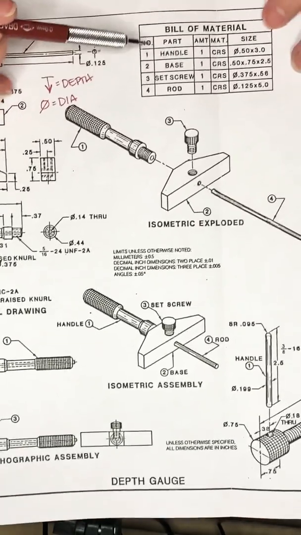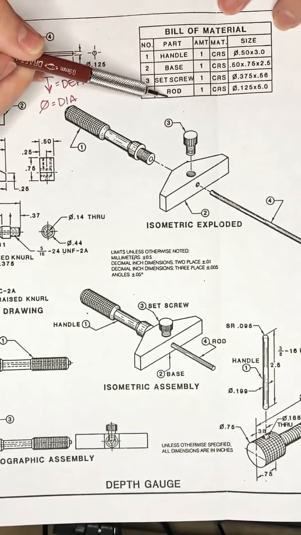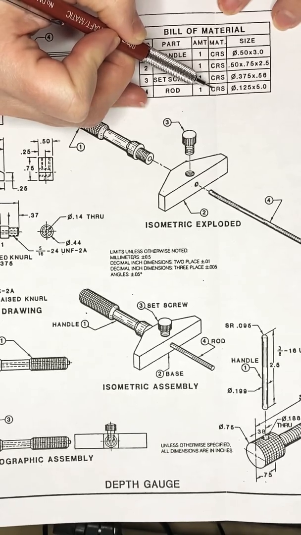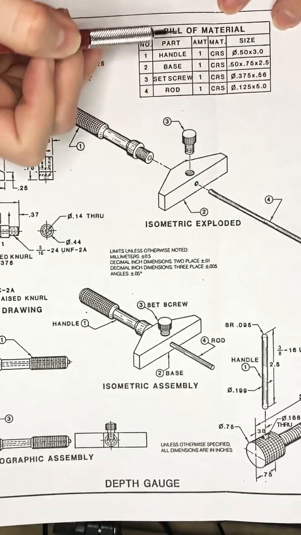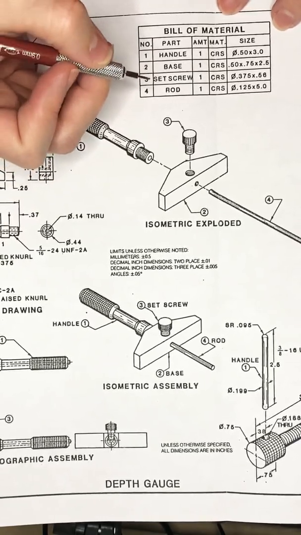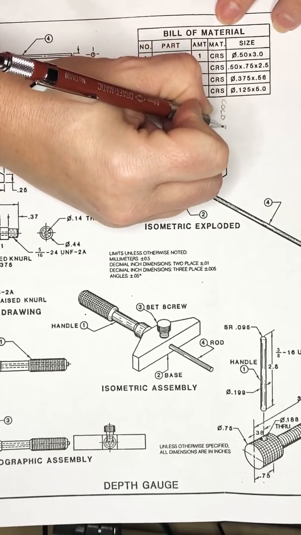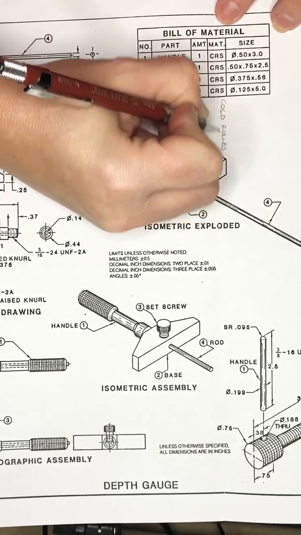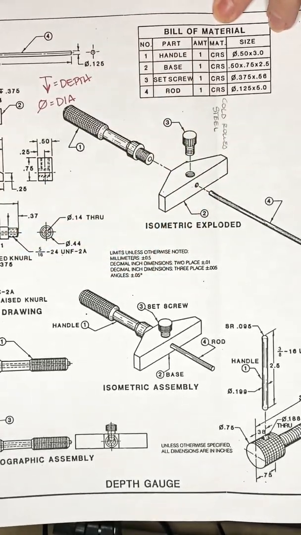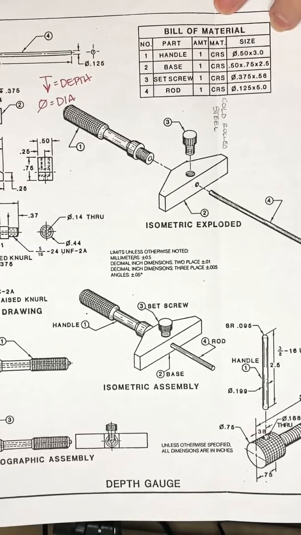So make sure you look at the bill of materials so you know which part is what. You see in the bill of materials that this part is made out of CRS. CRS stands for cold rolled steel. Cold rolled steel is the material that all of this is made out of.